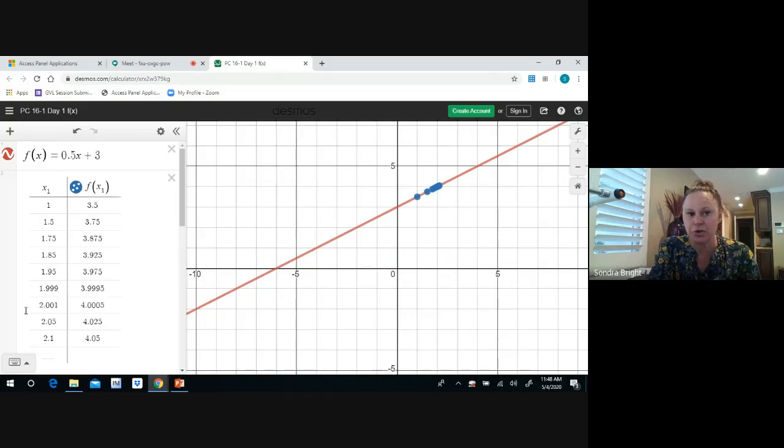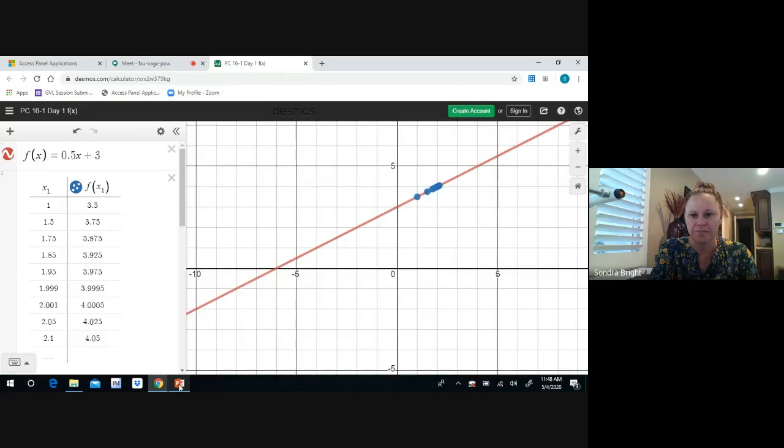I skipped over 2, but if I go a little past 2, 2.001 is 4.005. And so as my x values are getting closer and closer to 2, coming from the left or even coming from the right, what are my y values getting closer to?